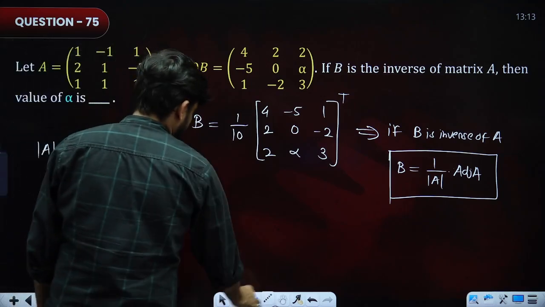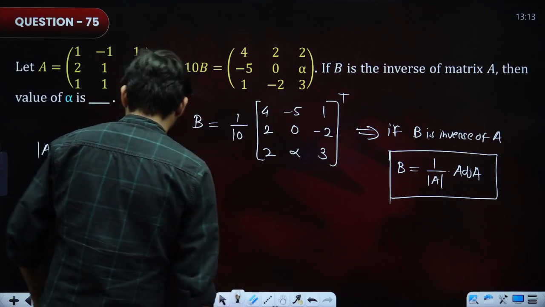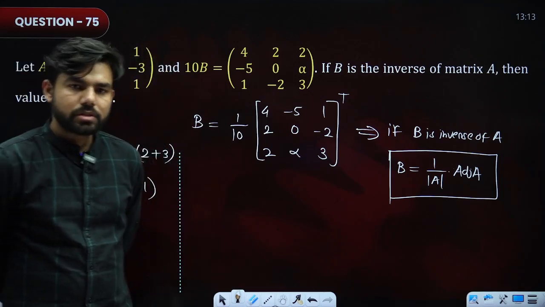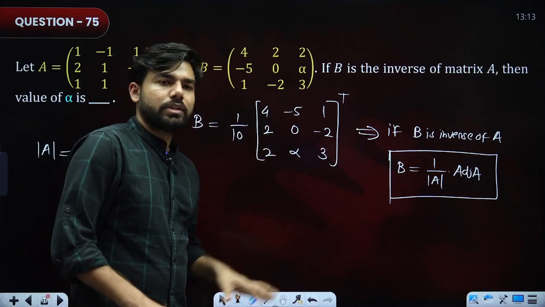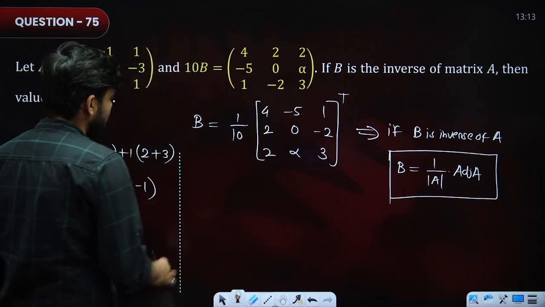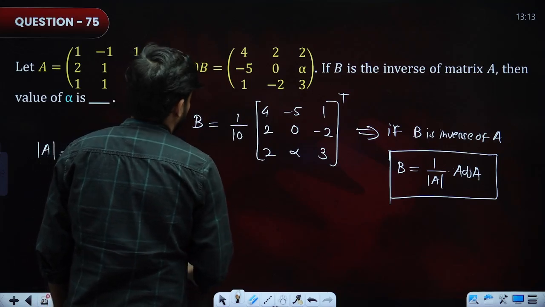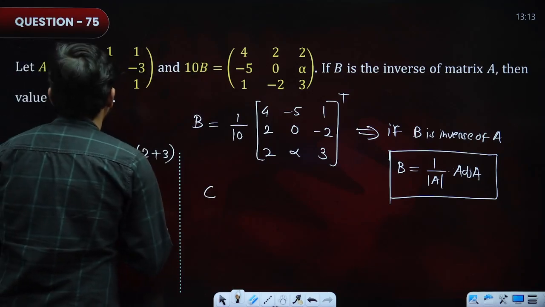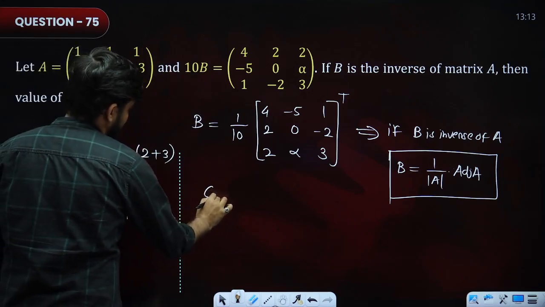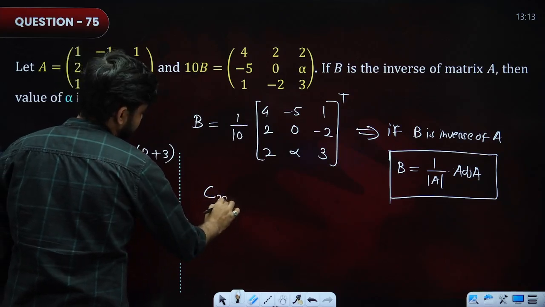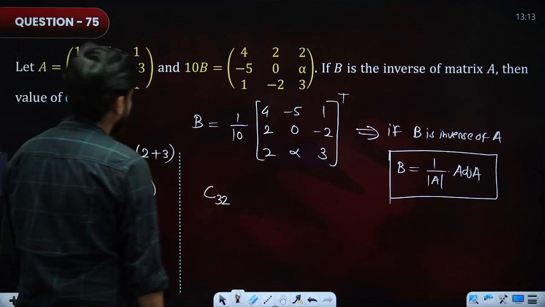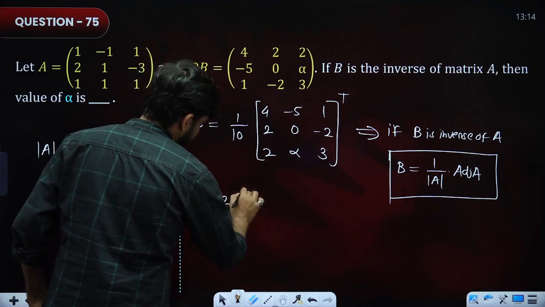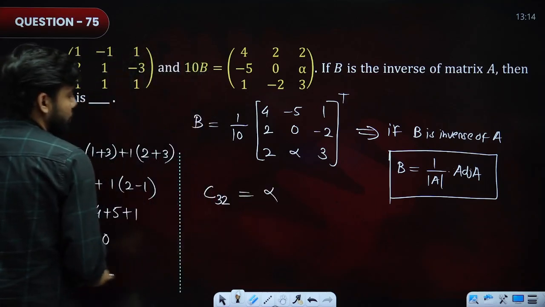So the determinant of A is equal to 10, correct? Yes, so we satisfy the condition over here. Let's talk about the cofactor of the third row and second column. This should actually be equal to alpha, correct?